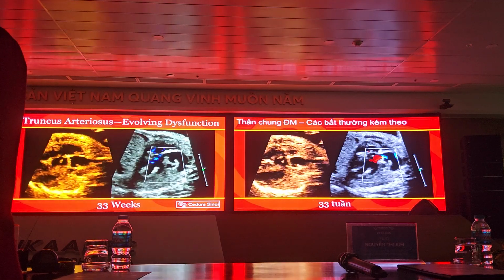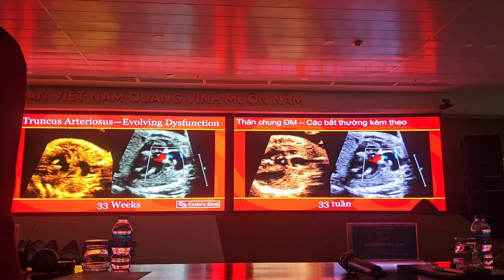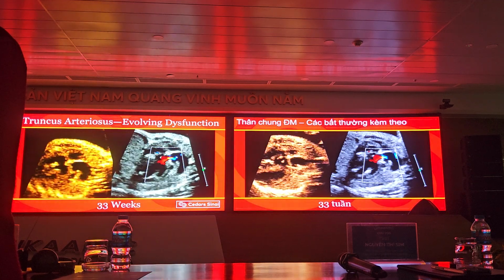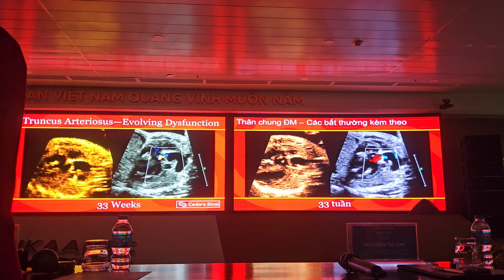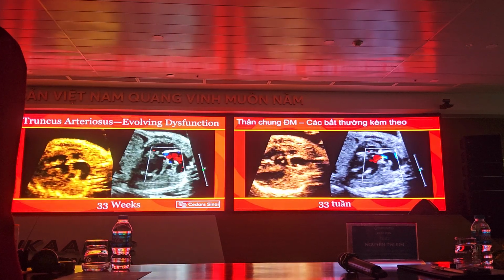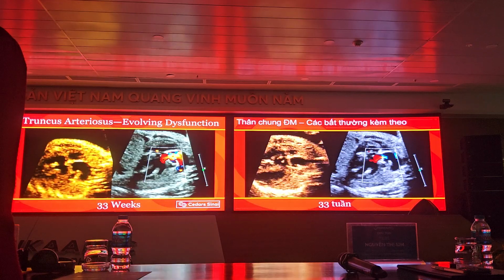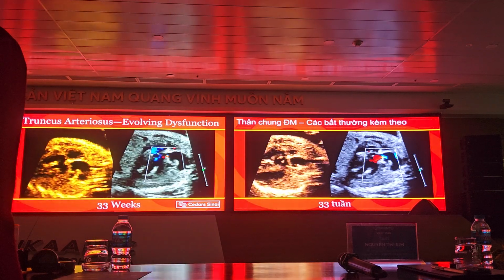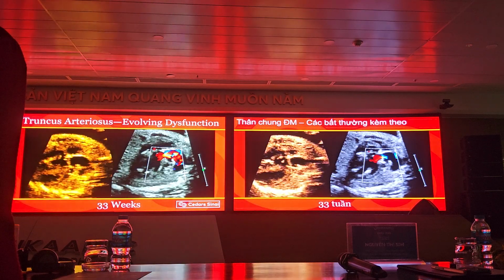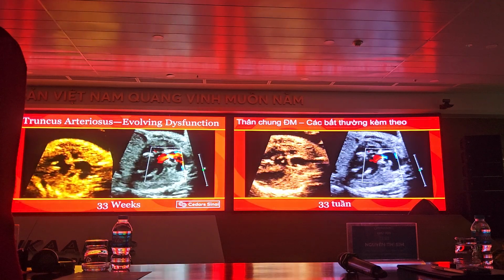The coronaries are supplied during diastole, at the same time that you have the regurgitation. So you have a high oxygen demand because of increased afterload from the stenosis, but then you have a low oxygen delivery because of diastolic regurgitation. It's not a good combination, and many of these fetuses develop significant ventricular dysfunction or heart failure during pregnancy.